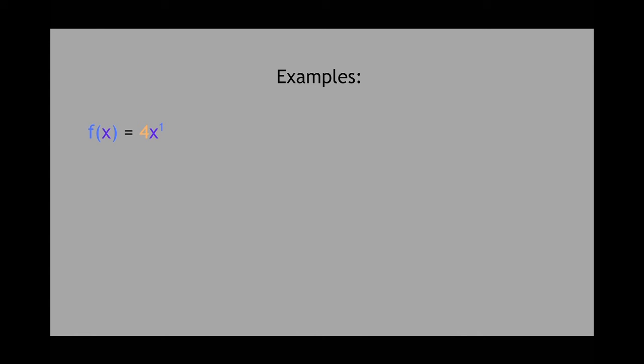But if you wanted to use the power rule, then you can take the derivative of both sides, and you'll have f prime of x is equal to the power, which is 1, times the original function, which is 4x to the 1, and then you're going to subtract 1 from the exponent. So you're going to have 4x to the 0, which is just 4.